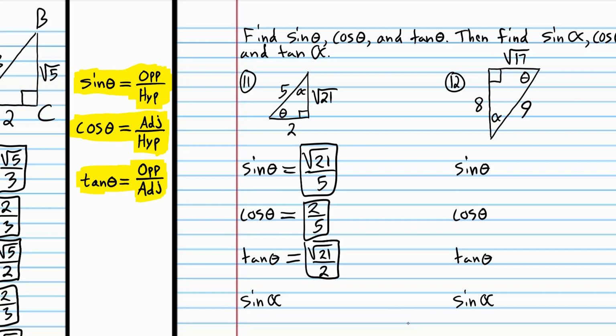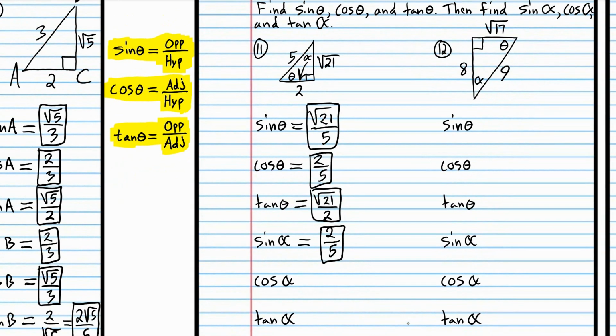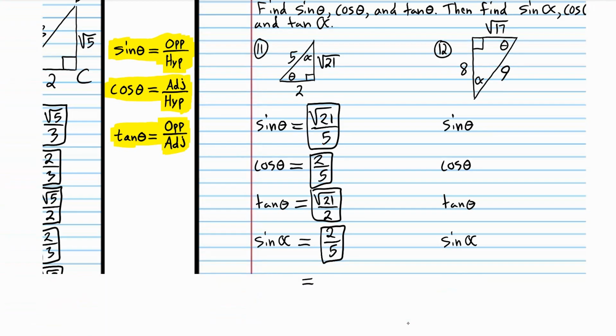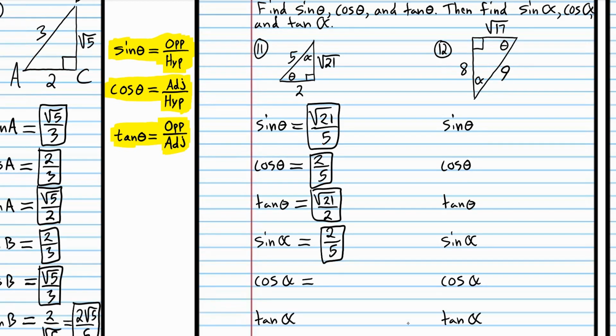And now we're moving to alpha. So now sine is opposite over hypotenuse, so opposite of alpha is 2, and the hypotenuse is 5. So we have 2 over 5. And cosine alpha, the adjacent side is root 21, and the hypotenuse is 5, so root 21 over 5.